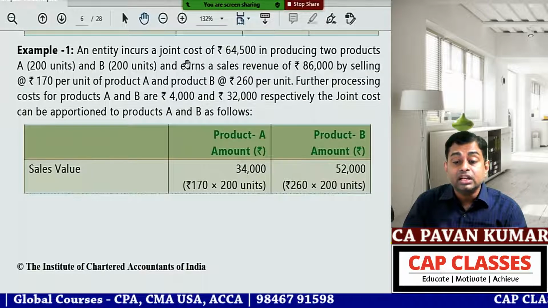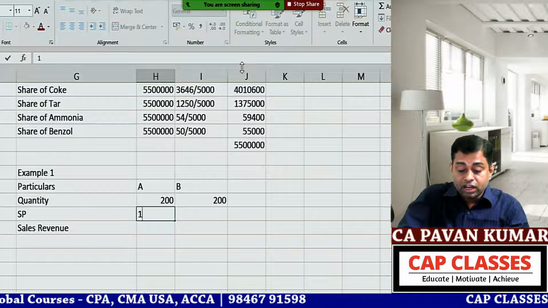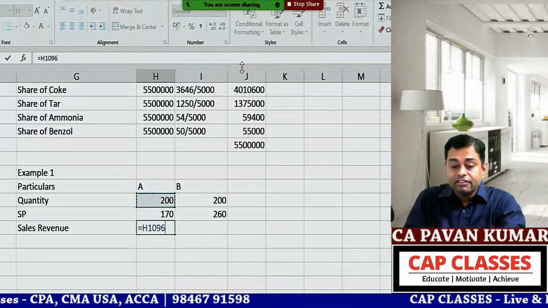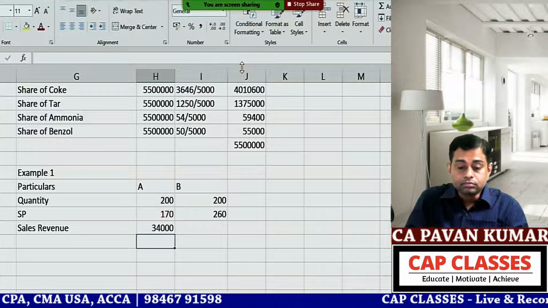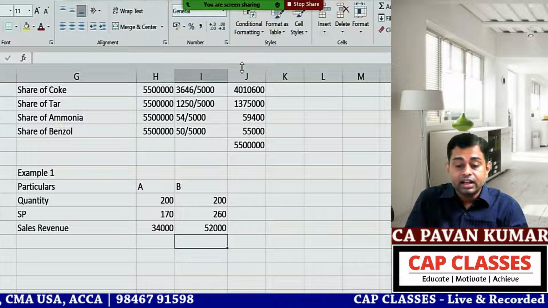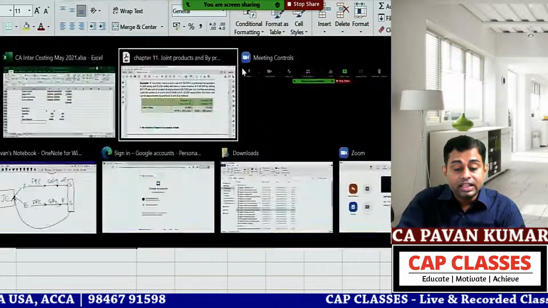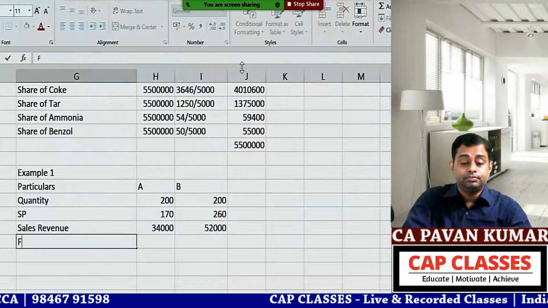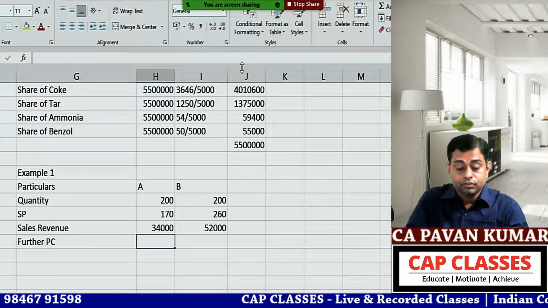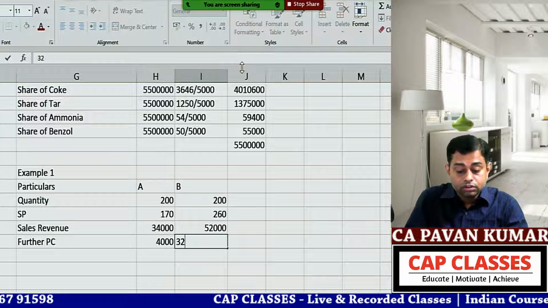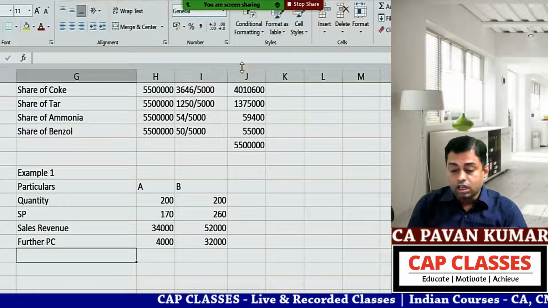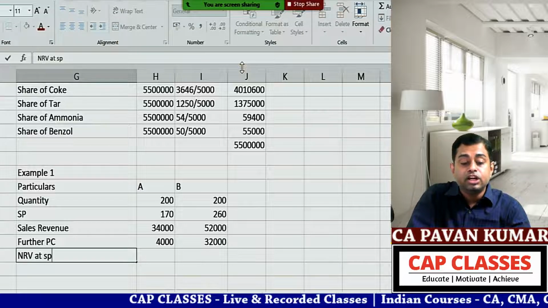What is the selling price? 170 for A, 260 for B. So sales revenue is 34,000 and here 52,000, correct? Then they gave further processing cost 4,000, 32,000. When you subtract further processing cost, it becomes net realizable value at split off.